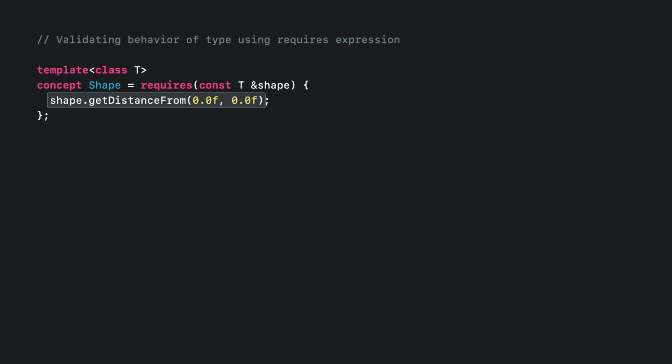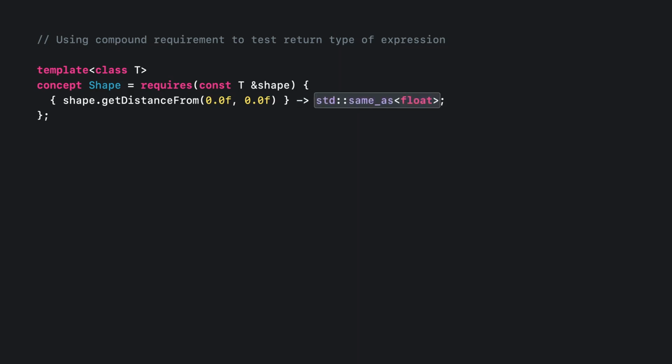However, I can use a compound requirement instead of the expression requirement to test that it returns a float value. The arrow operator can follow a compound requirement. The arrow operator expects a constraint on its right-hand side, so this is where I can use a standard library concept like same as to validate that the call to getDistanceFrom method returns a float value.